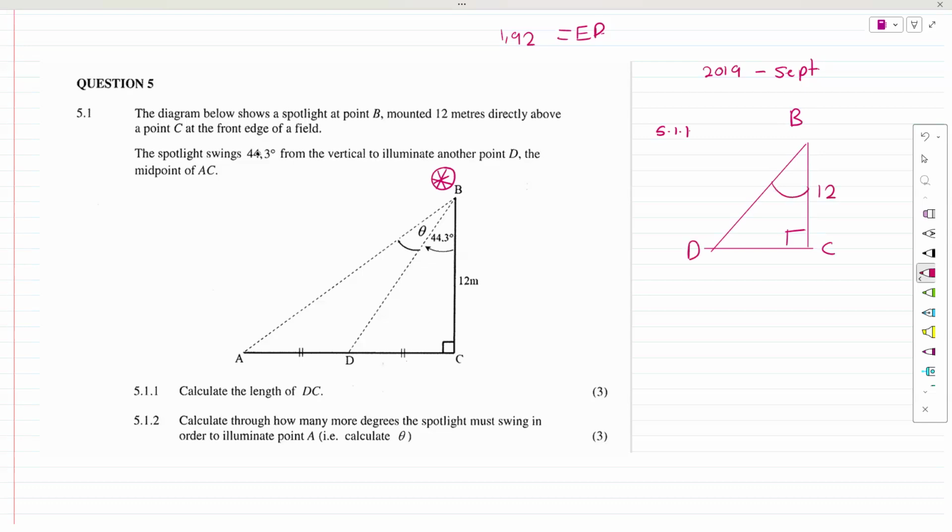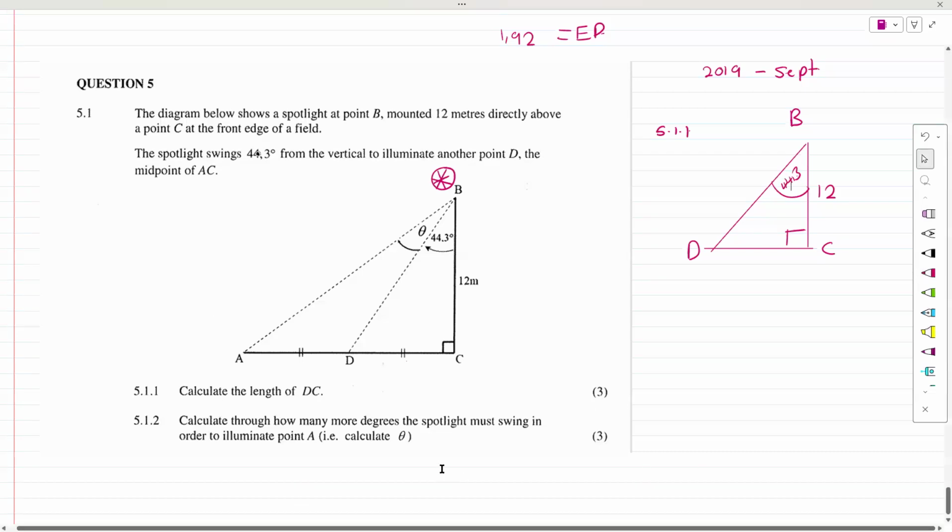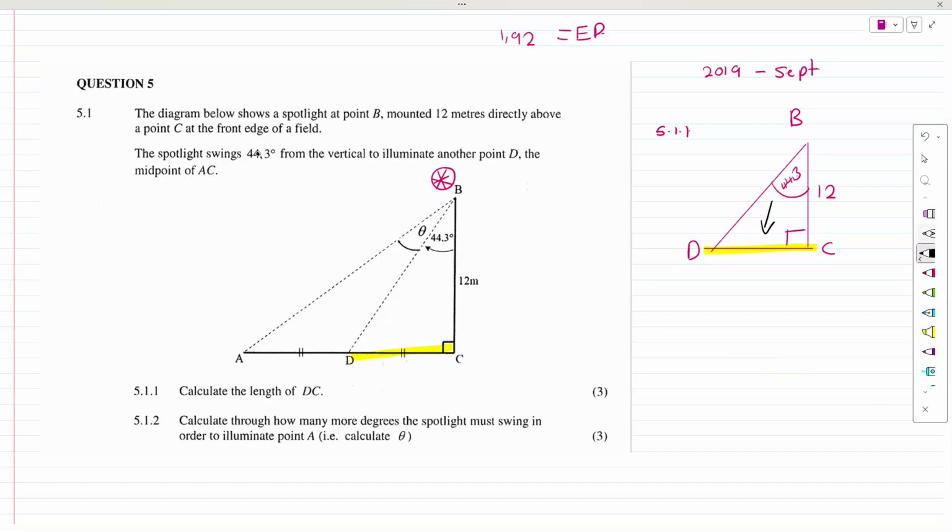We know this angle is 44.3. Again, I apologize, I think this is difficult for me to write. We can work with it quite simply. The line I want is there. We can label this as opposite, hypotenuse, and adjacent.